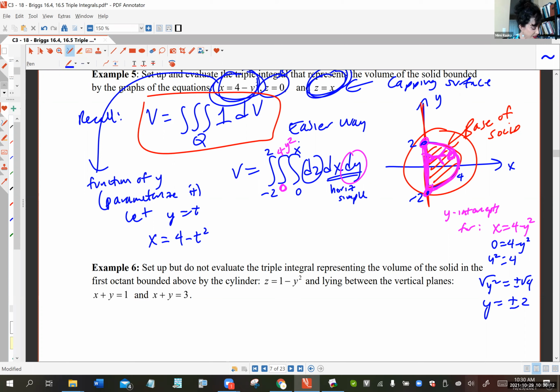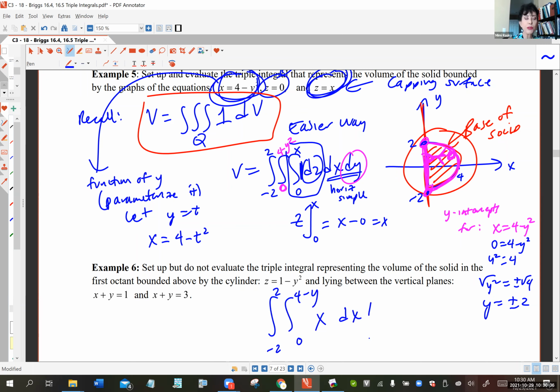So let's go ahead and do this integral quickly. The innermost integral is with respect to z, and there's nothing there, but it's understood there's a 1. So the antiderivative of 1 with respect to z is z. Then you evaluate that between 0 and x, and you'll just get x. And that gives us a double integral.